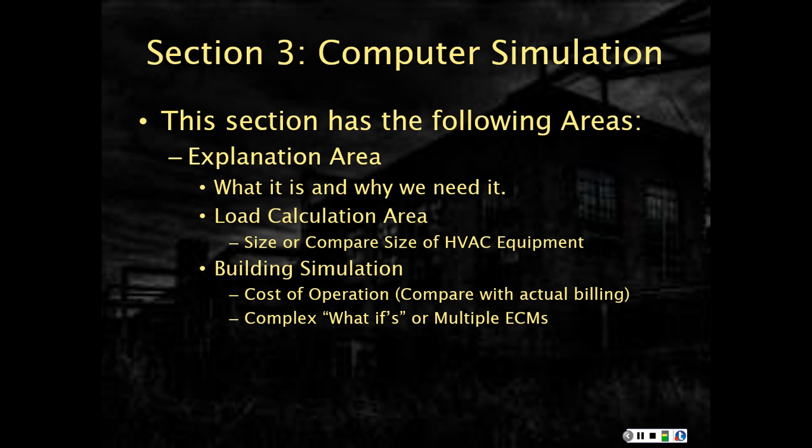So the carrier program can actually take that into consideration, along with changing delta T's, changing solar loads, changing occupancy loads. It's really about the only way to do a really good detailed analysis on specific recommendations that we're going to make later on in the area, especially of mechanical equipment.